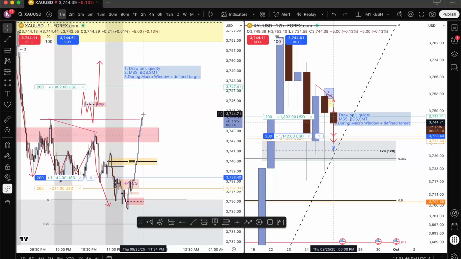Two, well, that's probably the two things right there. Are we gonna reverse, or are we still in our expansive leg? Are we consolidating? That's the three things I look for. That just goes back to elementary ICT knowledge. You get what I'm saying?